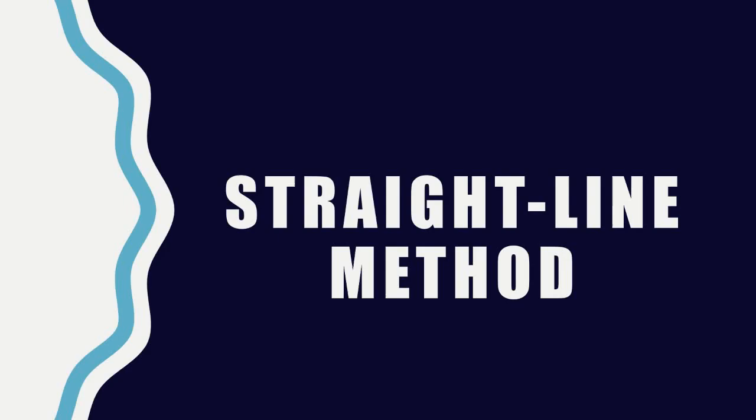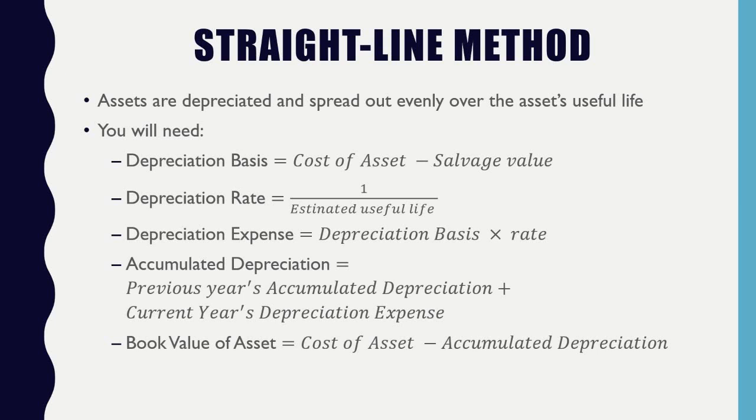Okay? Now, what is straight line? It pretty much is this. Straight line is taking the entire total cost of the asset and spreading it evenly across its estimated useful life. Okay, so let's look at these formulas that we see here.